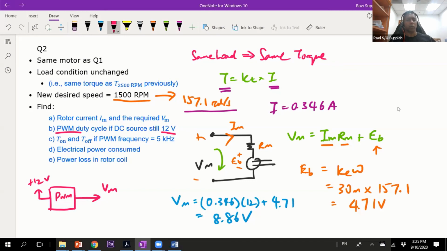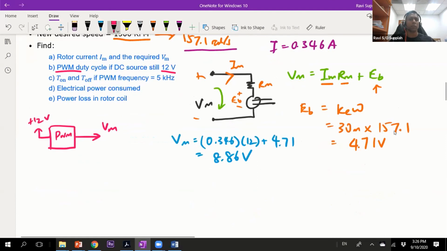What should be the duty cycle of the PWM signal so that the voltage that I get at the output side is 8.86 volt? You just need to relate the percentage. If you think about it in terms of percentage, 12 volt translates to 100%, that means it is fully on.